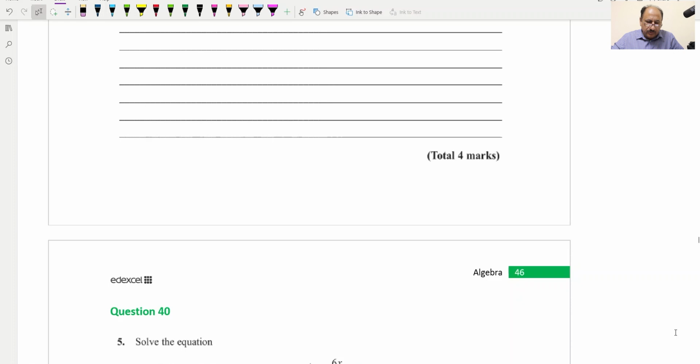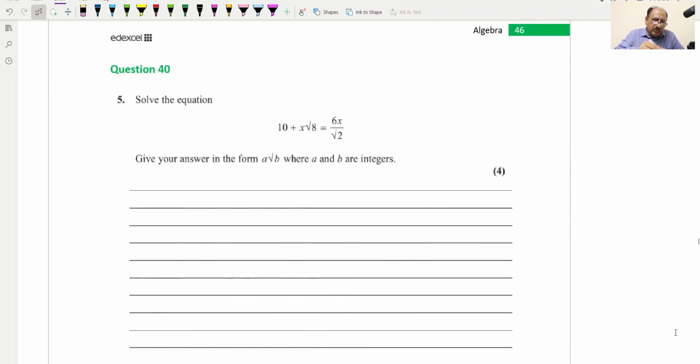Hopefully you understood this. Now we can move to question number 40 of this file, and it's question number 5 of the past paper, and we have to solve this equation. Give your answer in the form a root b, where a and b are integers. This is a 4 marks part. So we can write the question: 10 plus x root 8 is equal to 6x over root 2.